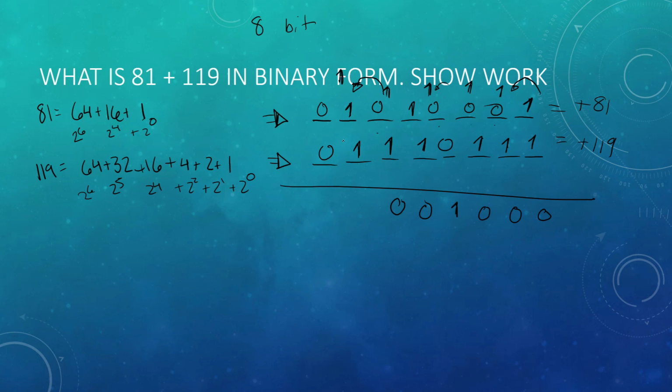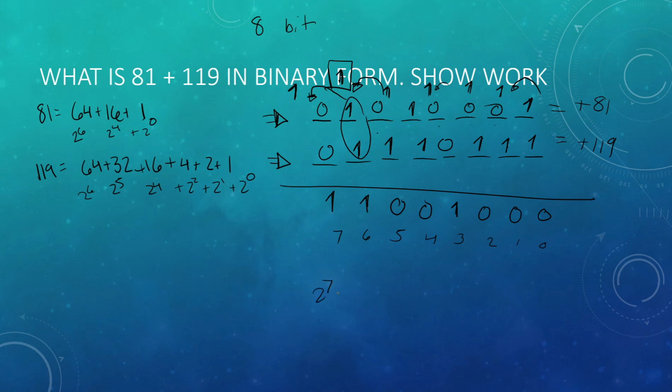This one we haven't seen in a little bit. We have 1 carry over because of these two. And this one stays, so 1 here. And then we have this one carry over. And we are left with this. So let's see, 0, 1, 2, 3, 4, 5, 6, and 7.